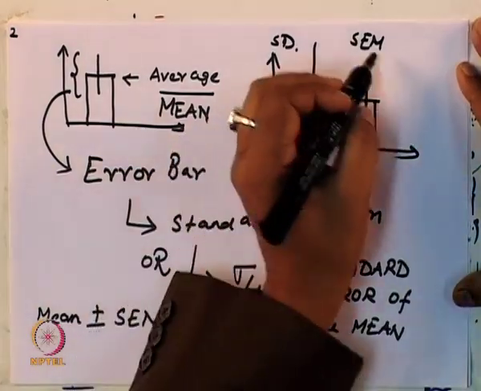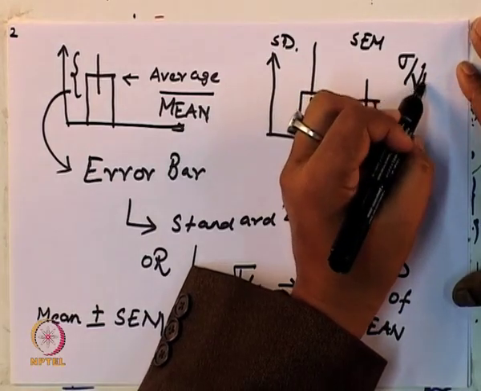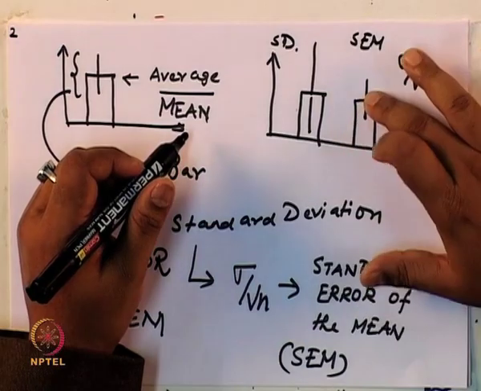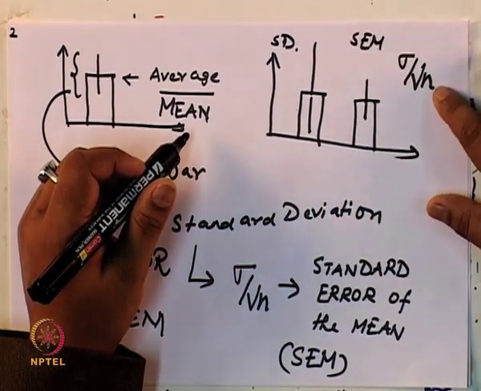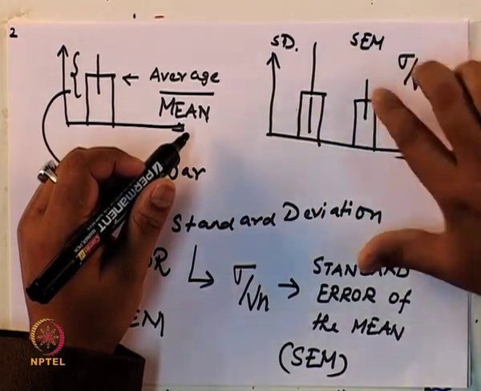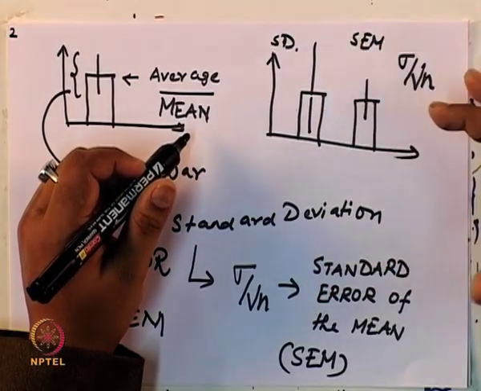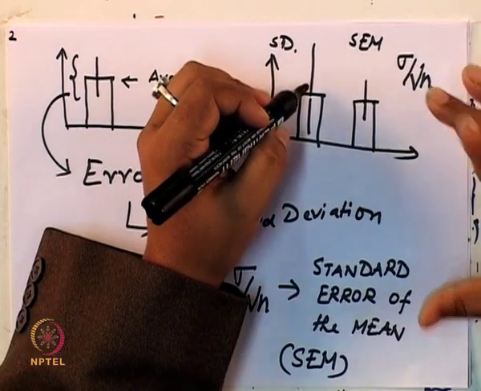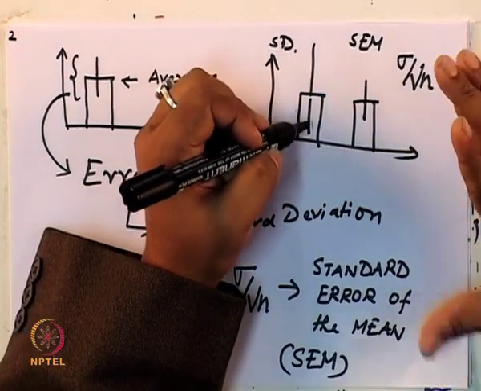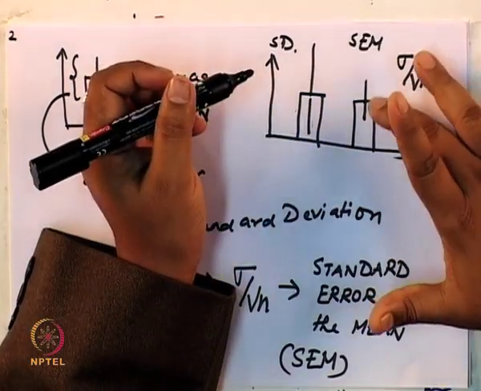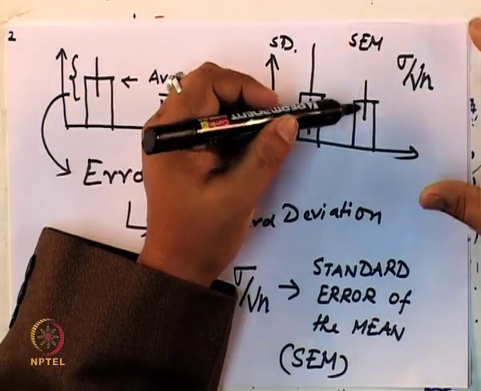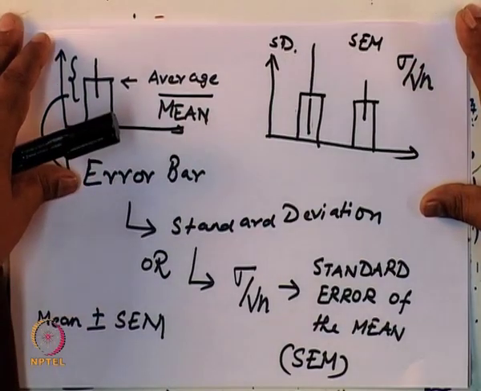The reason is that the standard error of the mean is sigma by root n. Even if n is equal to 4, it is going to be half its size, sigma by root 4. So, if n is reasonably large, the standard deviation is not so spread out, it is less, but the standard error of the mean is even lesser. So, sometimes it is helpful to present your data as mean plus minus SEM.